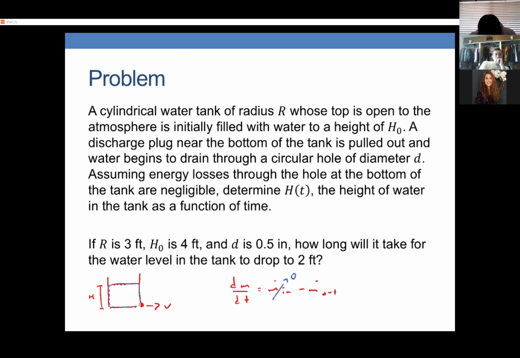So now we're going to do what Avonlea said. And this step is a common step that will be very useful. What we're going to do now is assume incompressible flow.